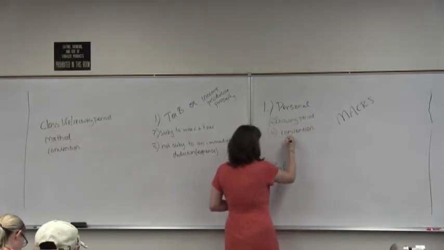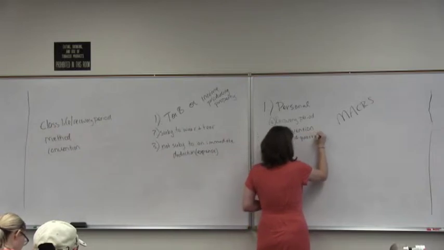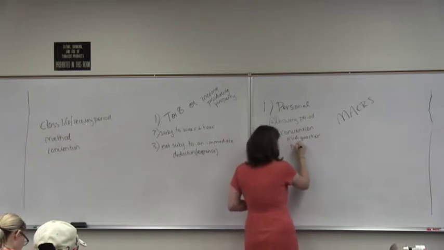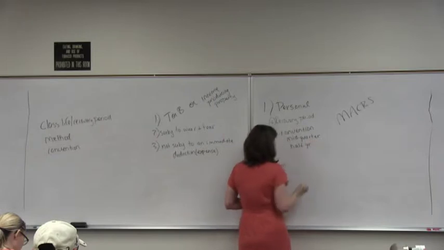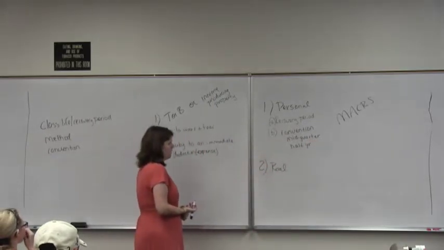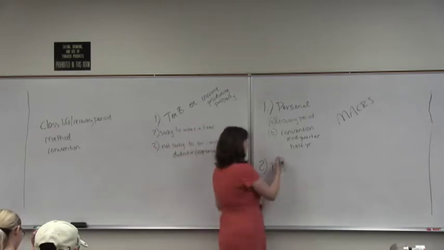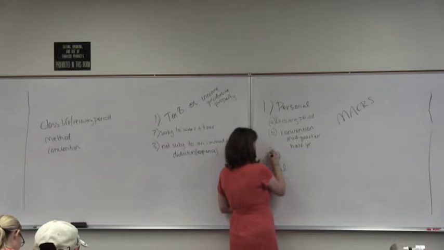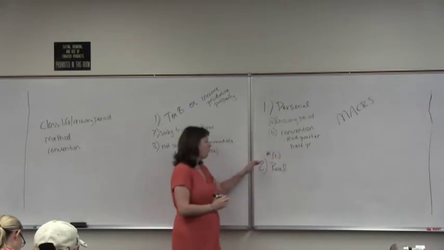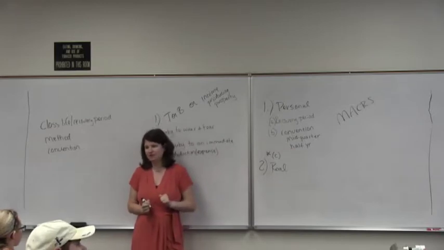With personal property, it is either mid-quarter or it is half year. Those are your options. The third thing, which I'm going to maybe put a little star, because you only need to know the third one if you are calculating it by hand.